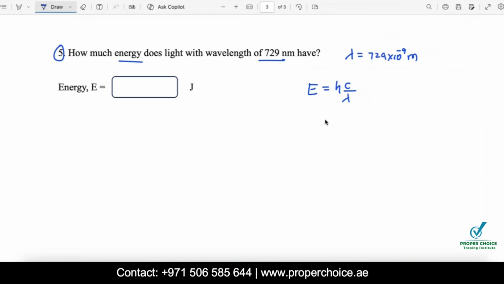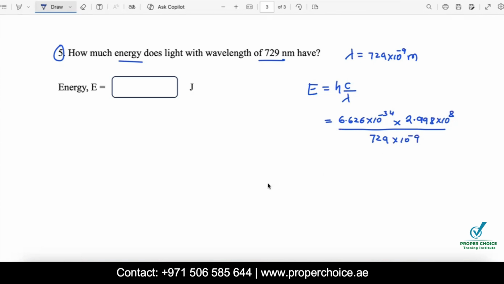So you do conversions. Planck's constant again 6.626 into 10 to the power negative 34. Speed of light is what? 2.998 into 10 to the power 8, divided by wavelength, which we got as 729 into 10 to the power negative 9.